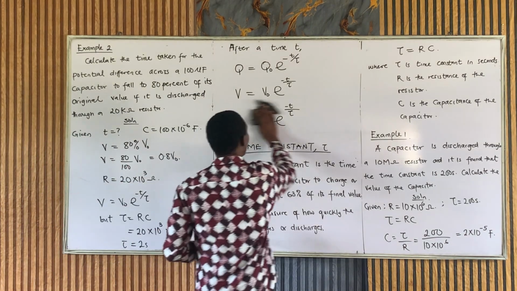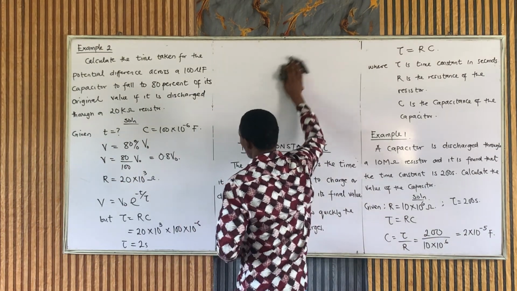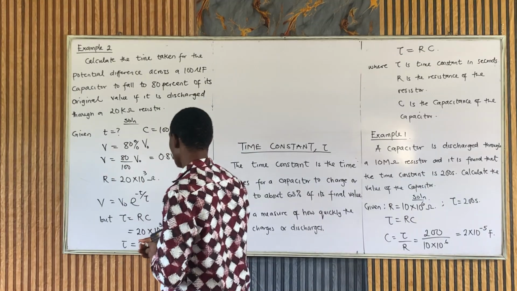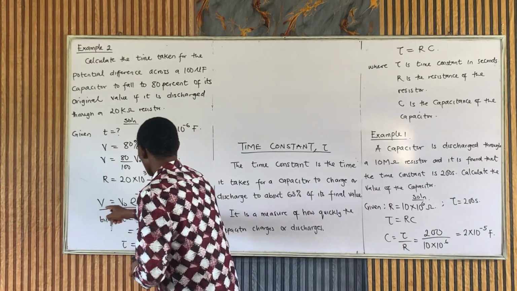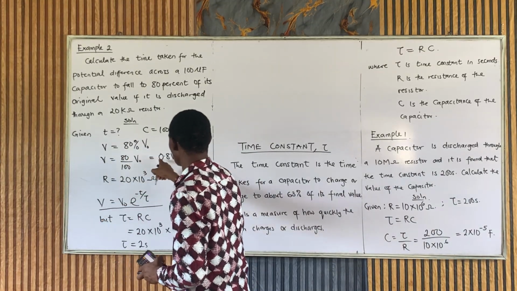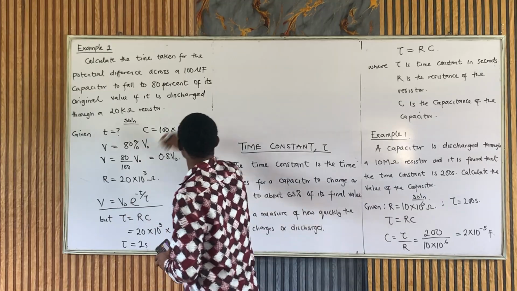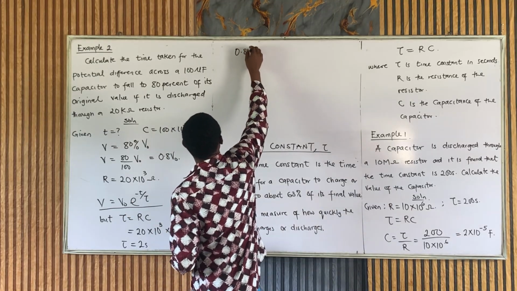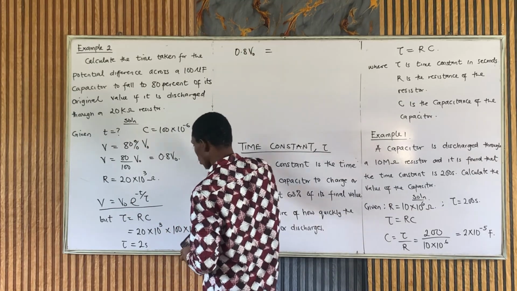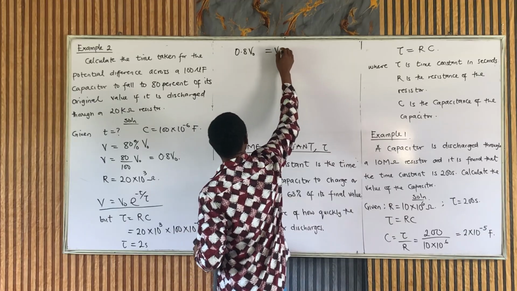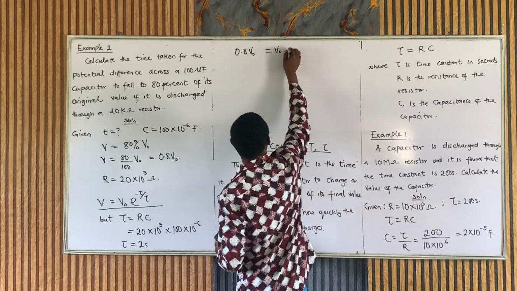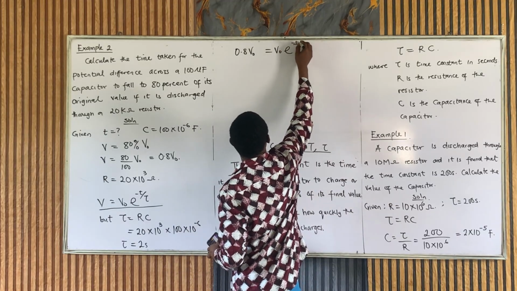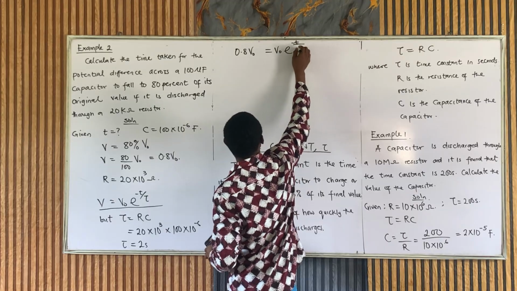Now, since we have our time constant, we can go ahead using this relationship. We know our V is 0.8 V naught. So I'll put 0.8 V naught is equal to V naught, then exponential minus t over tau, which is 2.